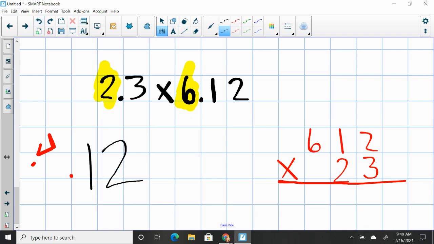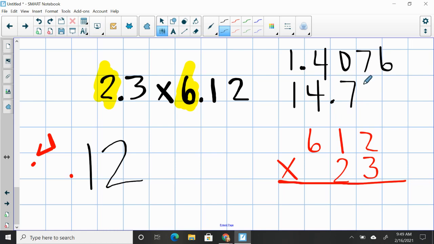12. Okay, so our answer is going to approximately be 12. Now, sometimes on a test or a quiz, it will ask you to solve this problem, and it will give you answer choices like this. 1 and 4,076 10,000ths. It will give you 14 and 76 thousandths.